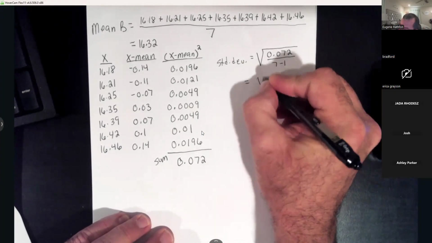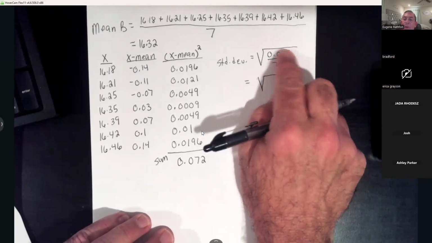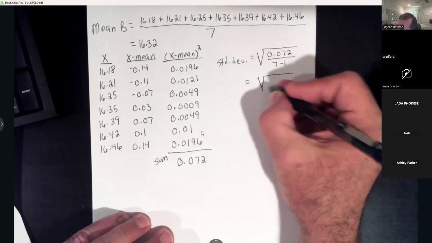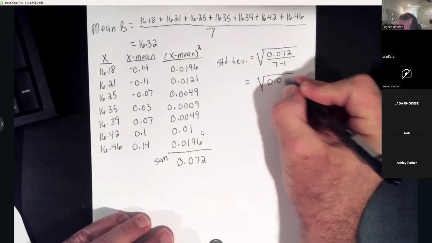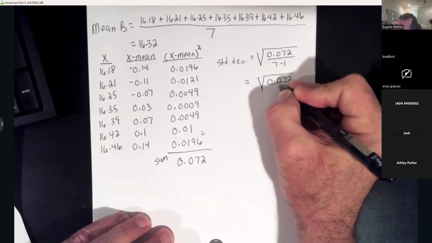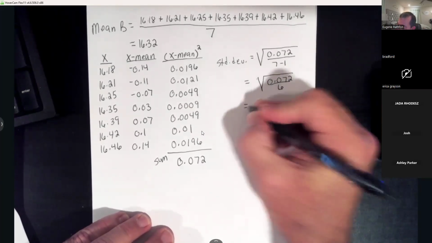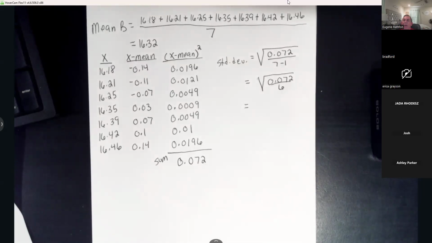You always subtract 1 from the total data when you're doing the standard deviation, okay? So that'll be 0.072 divided by 6.